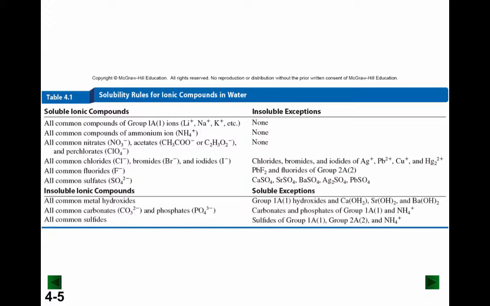The second rule states that all compounds that contain the carbonate ion are also insoluble except for those with the group 1 metals and the ammonium ion. The third and last rule states that all compounds that contain the sulfide ion are insoluble except those of group 1 and group 2 metals and the ammonium ion.